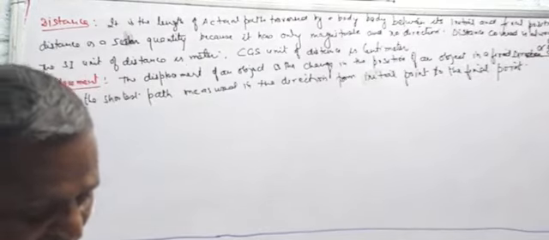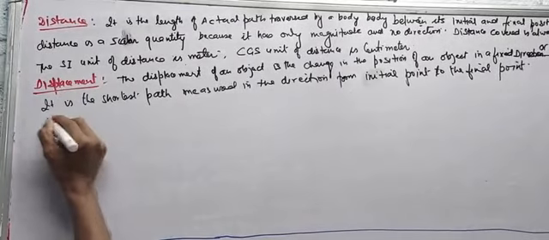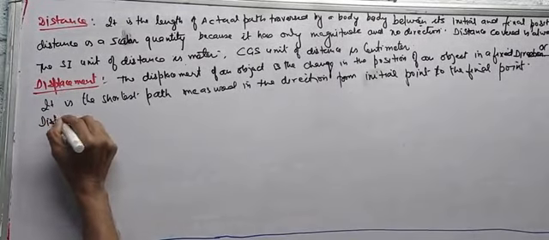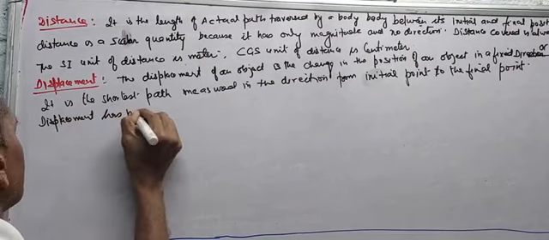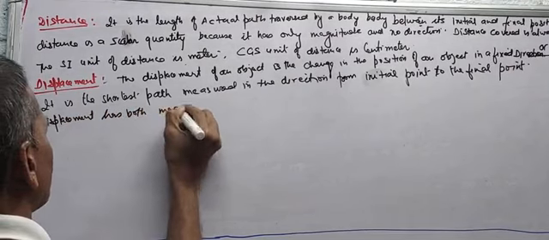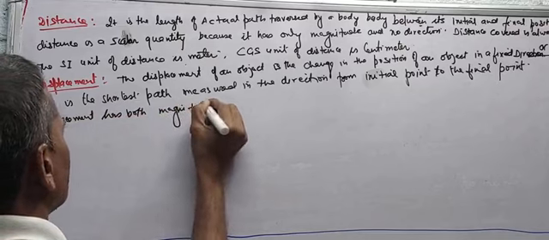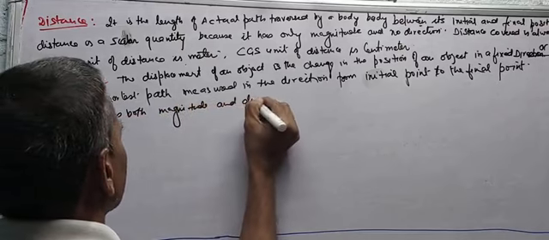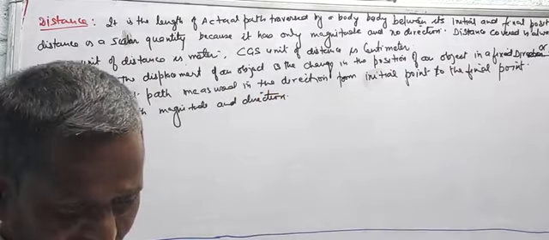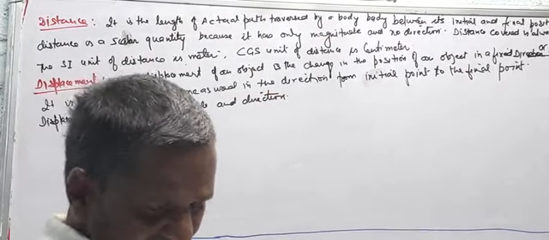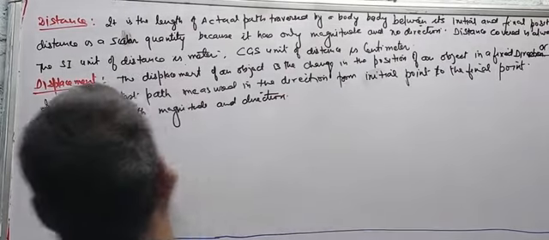Displacement has both magnitude and direction, so it is a vector quantity.